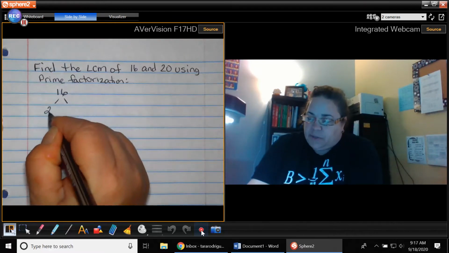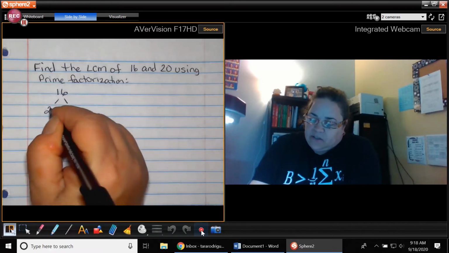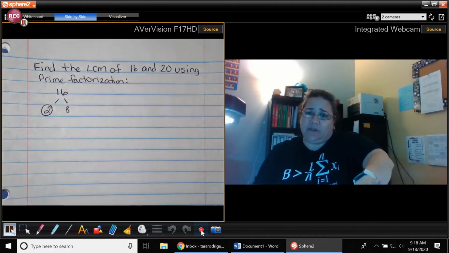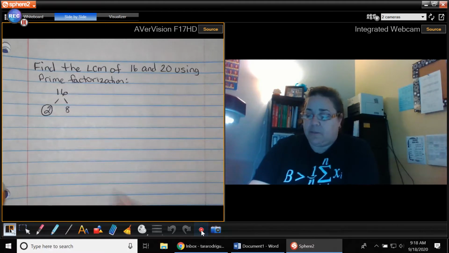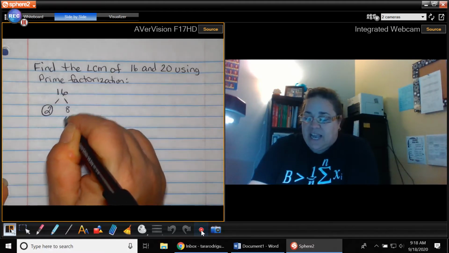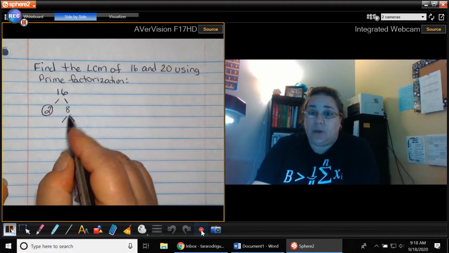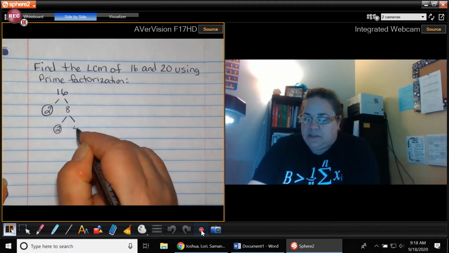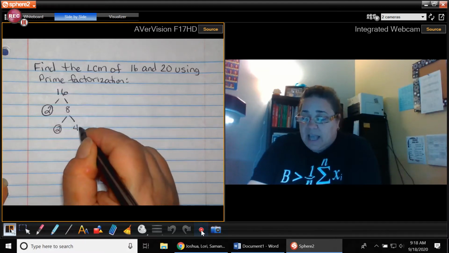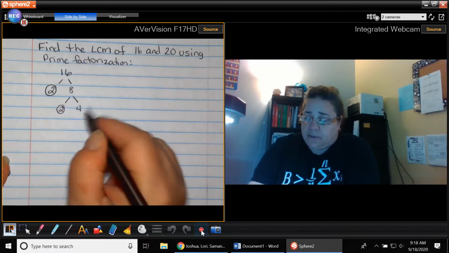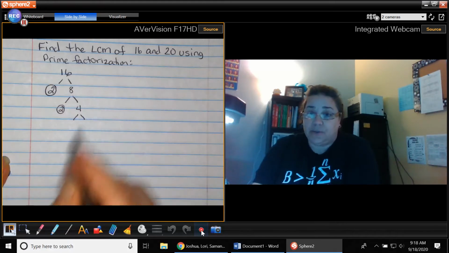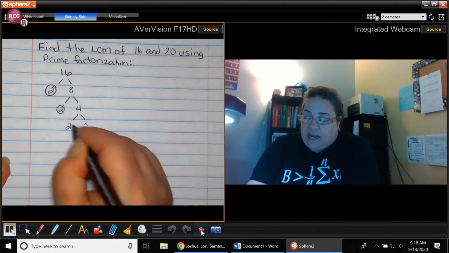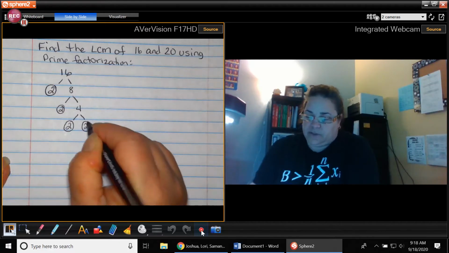So I've got 2 and 8, and because I started with 2, it's prime and I can kill that branch. I don't have to do anything. I circle the 2 and I'm done on that branch. Now I'm on this branch. Now I have 8. Again, 2 goes into 8, so 2 is my lowest prime number, and it goes into 8 4 times. And 4 is not prime, so I'm going to keep working, and 2 goes into 4, and it goes in 2 times. So now I have all prime numbers.